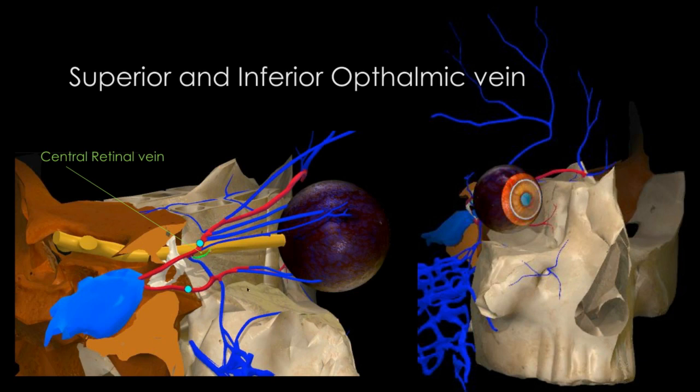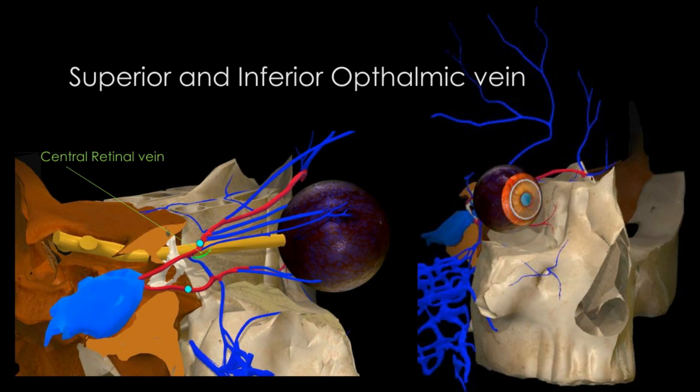The point to be noted is that the pterygoid venous plexus communicates through a communicating branch to the inferior as well as the superior ophthalmic vein, which in turn, these two, superior and inferior ophthalmic veins, communicate with the cavernous sinus. So we will come to the significance of that.